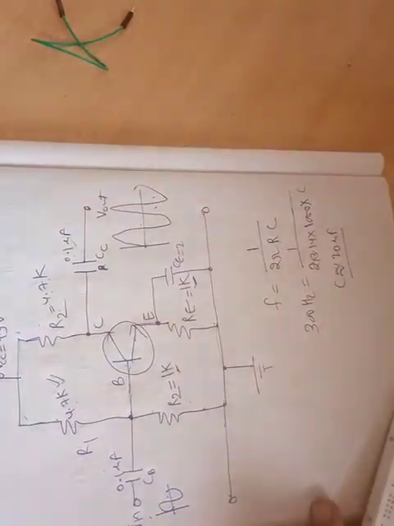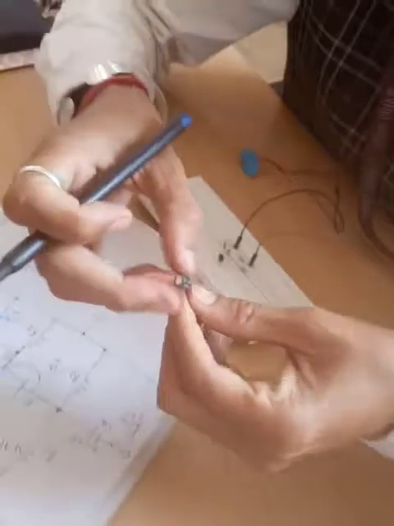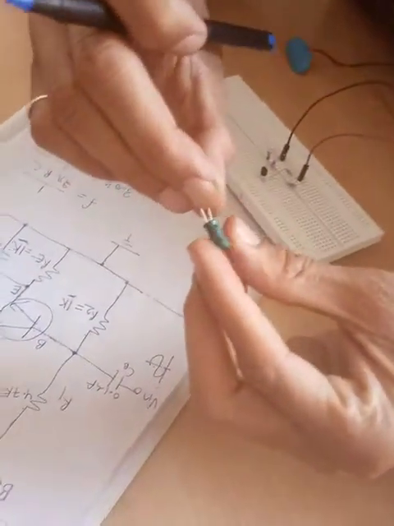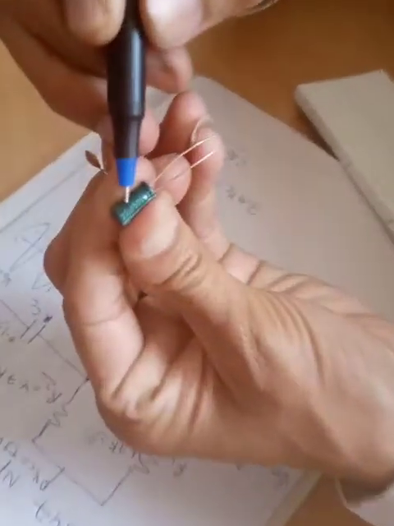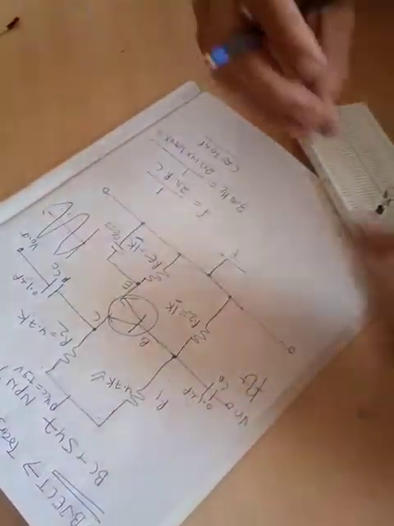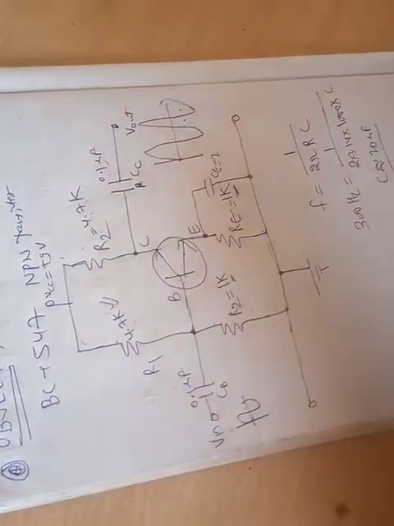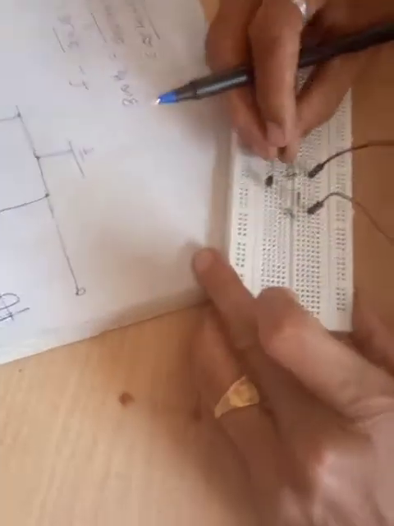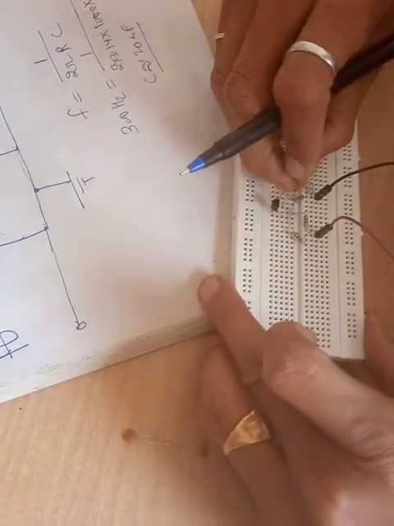So I will take a capacitor because I have one of 22 microfarad. This is 22 microfarad. That's why I use this one in between the ground terminal and the emitter terminal. So this capacitor is connected to the emitter terminal.